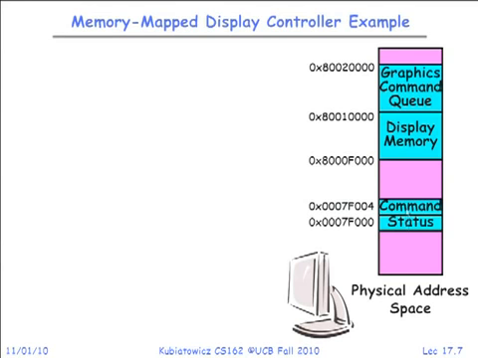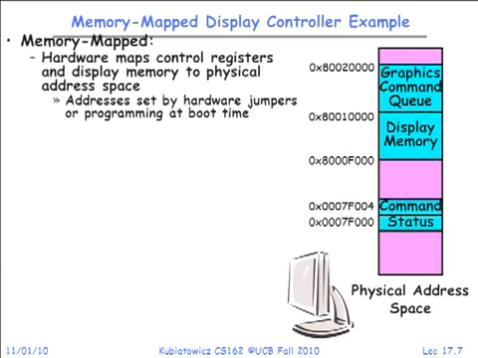As long as the CPU reads or writes these different parts of the address space, suddenly something happens to the device. For instance, by reading and writing 7F004, I can send a command or look at the status of a command, 7F000, just by writing or reading from those addresses.